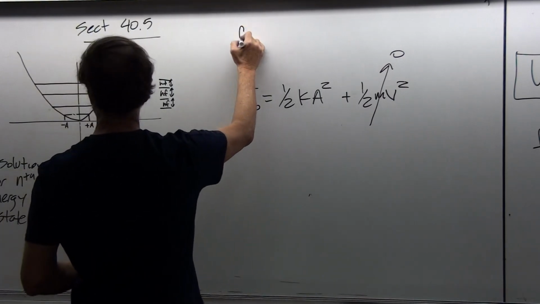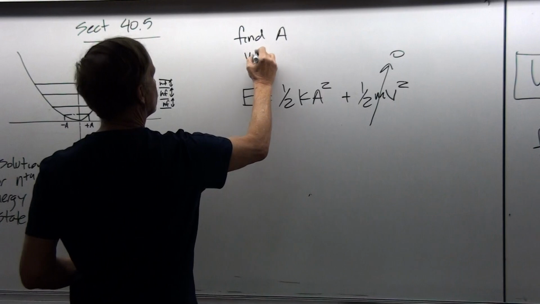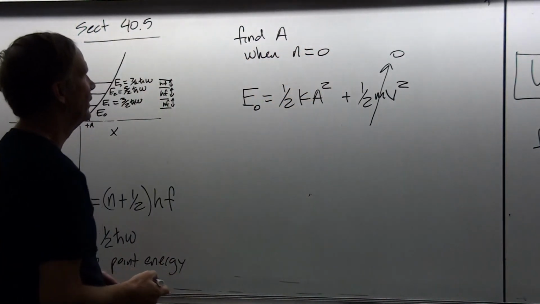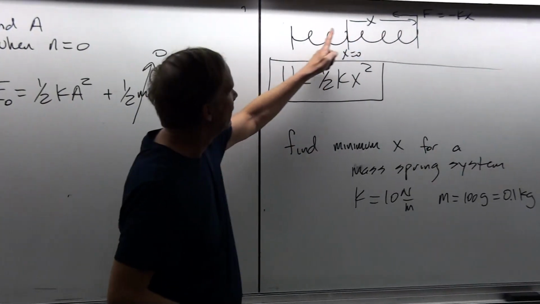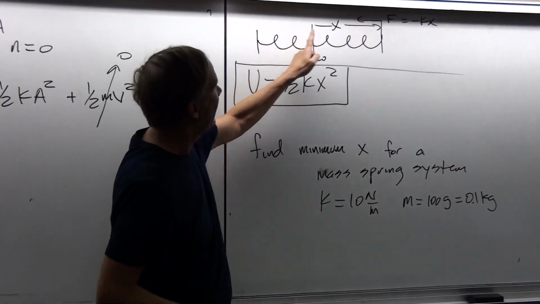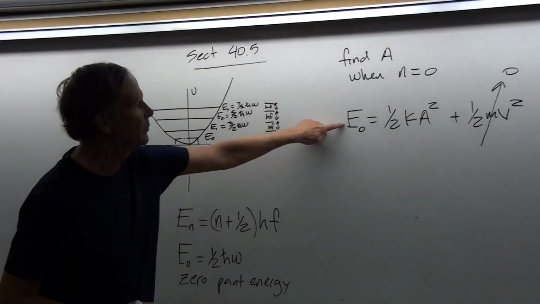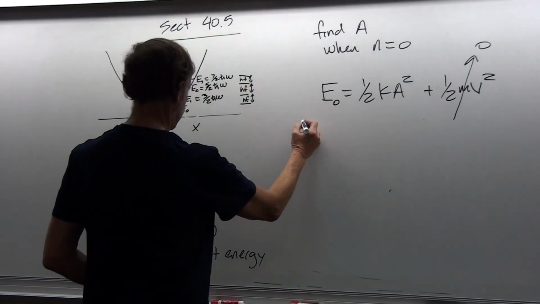Okay, so we're finding A when n equals 0 for the 0 point energy. We want the amplitude of the vibration when A is the minimum value that it can be associated with the 0 point energy. So what is E naught? That's just 1/2 h bar omega.